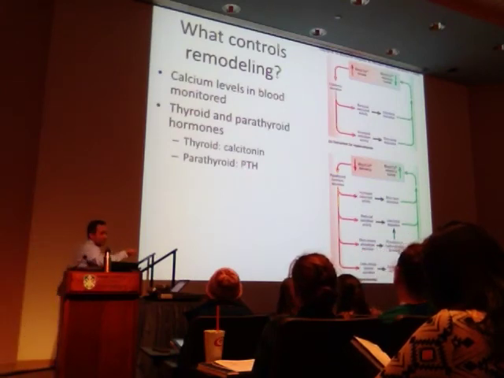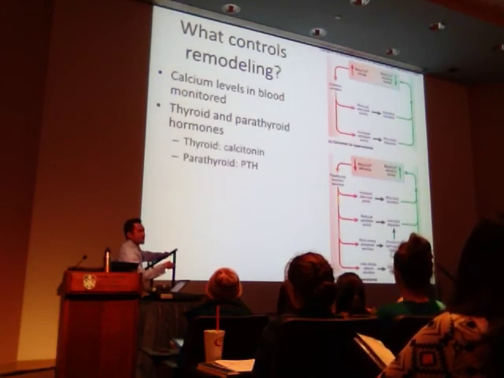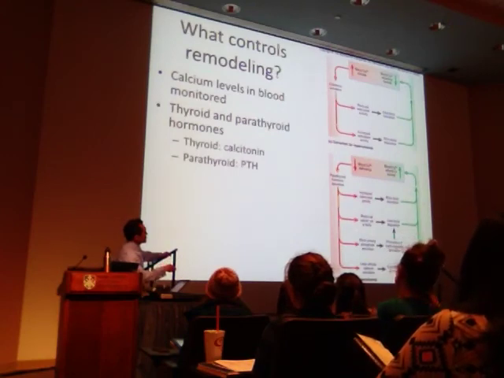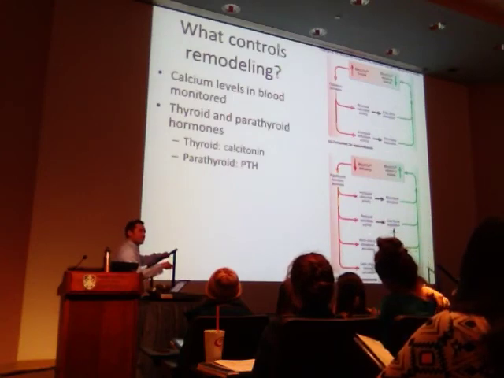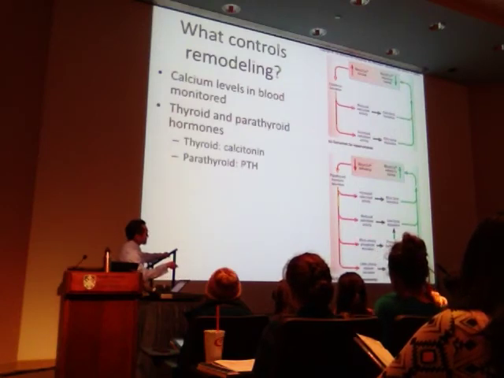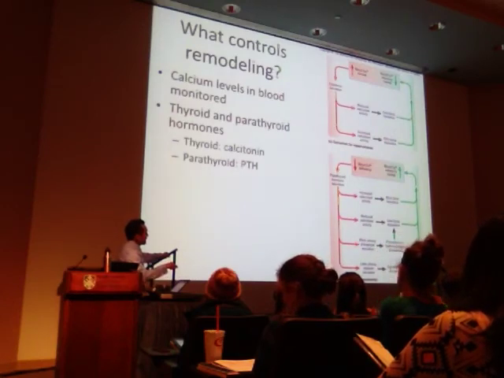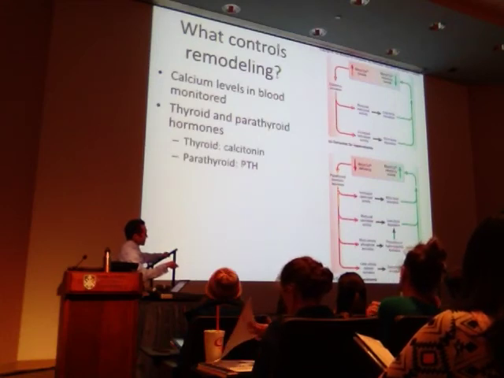This has four activities. It increases osteoclasts. That should make sense. It reduces osteoblasts. That should also make sense, if you think about it. It allows for more phosphate excretion in the urine, meaning that you don't have a lot of precursor hydroxyapatite to make bone. So you lose one of the starting ingredients to make bone.